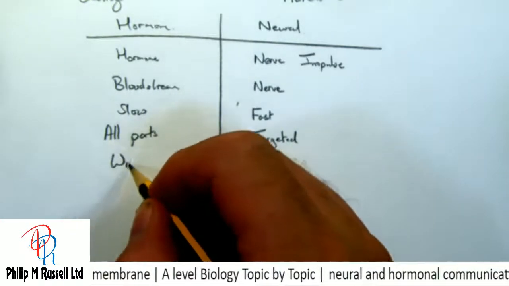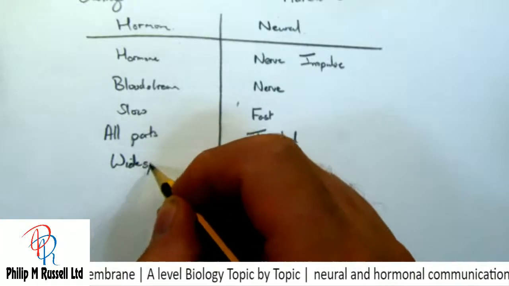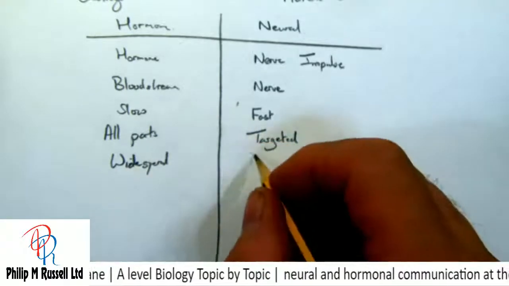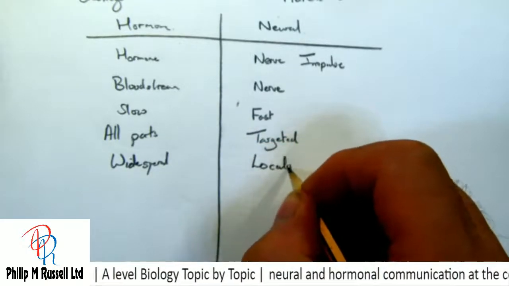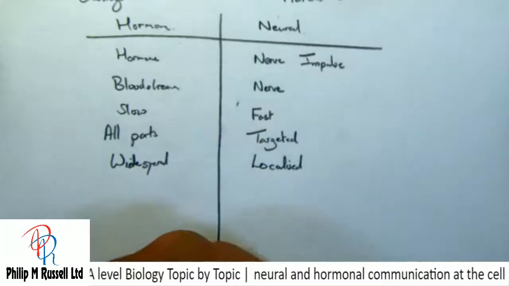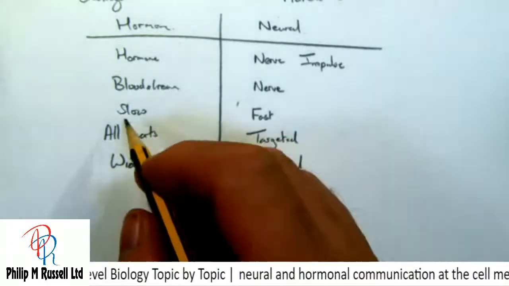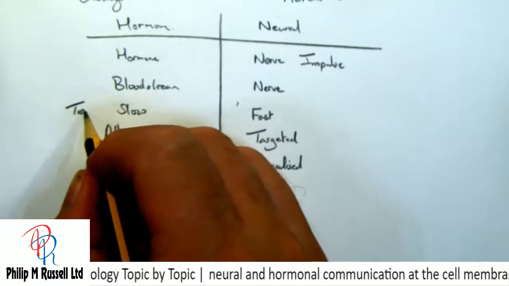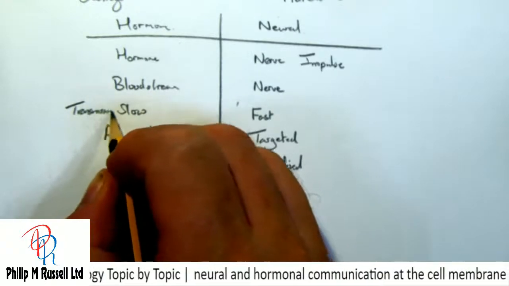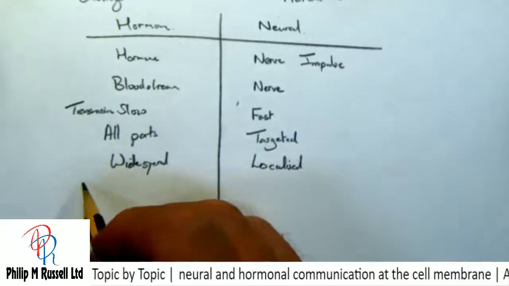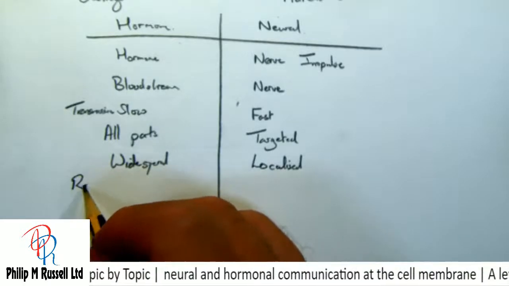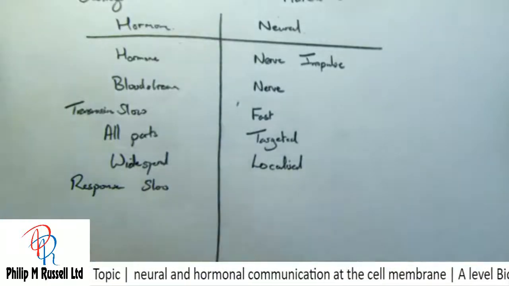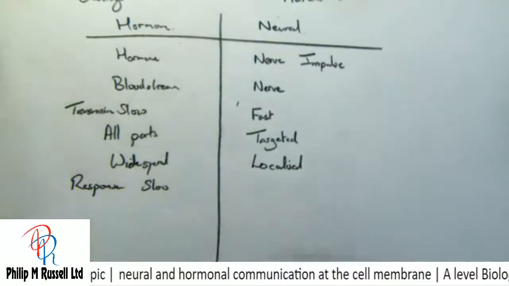Our response then here is widespread, because it's going to all parts, whereas this is very localized. As well as the transmission, let's do that. The transmission is slow. Here we could also say the response is actually slow, whereas here we've got the response is rapid.